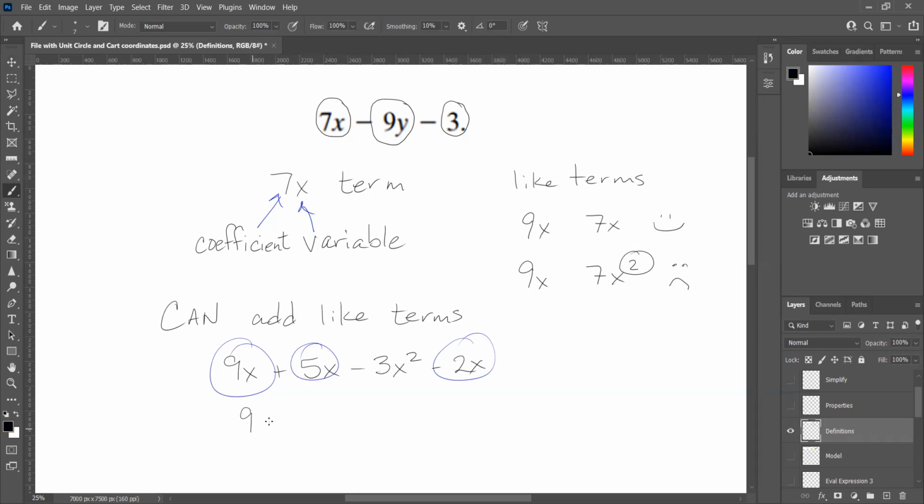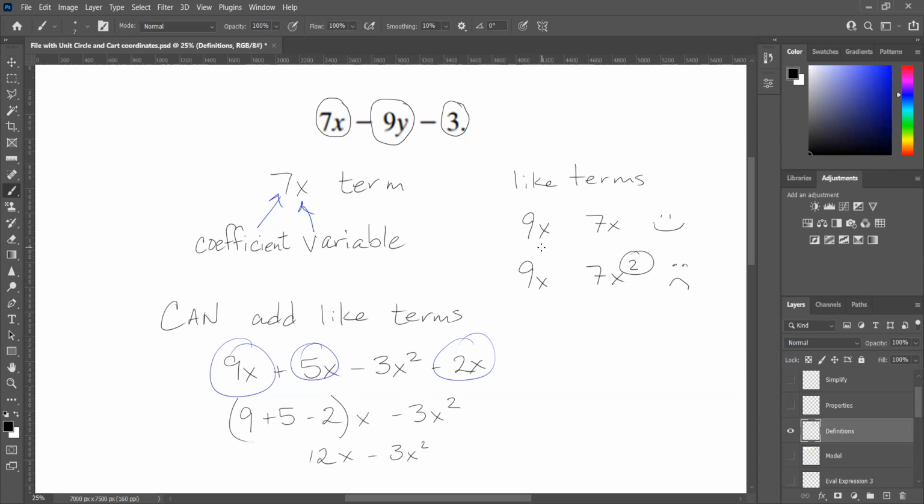And so we would have 9 plus 5 minus 2 all times x, and then we have just that minus 3x squared. 9 plus 5 is 14, minus 2 is 12, so we would end up with 12x minus 3x squared. And there's nothing else we can do to that because we have unlike terms. If they were alike, we could continue to add, but since they are not like terms, we cannot.